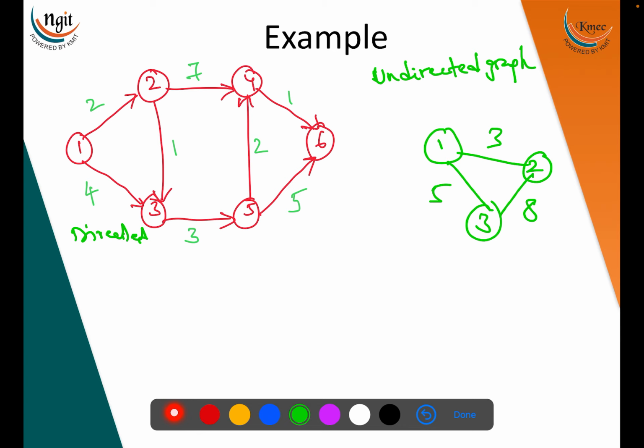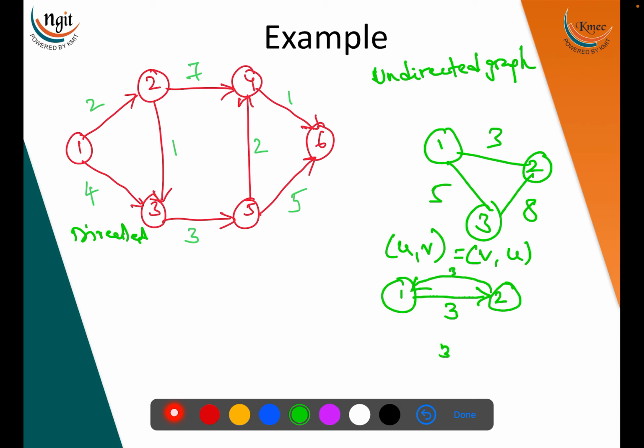How can I make it? Every undirected graph is equal to a directed graph if and only if the distance of u comma v is always equal to v comma u. That means for 1 comma 2, the cost from 1 to 2 is the same as the cost from 2 to 1.